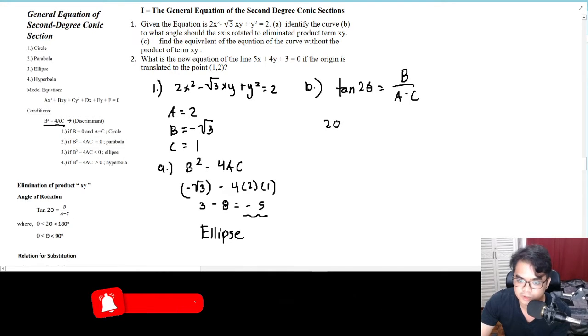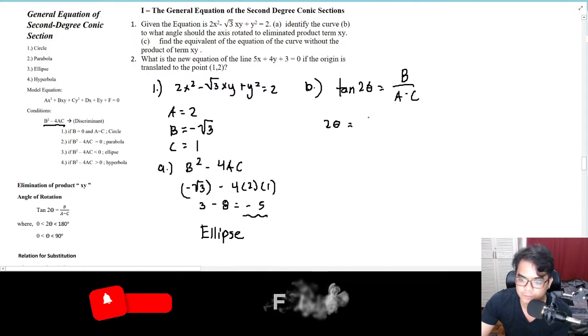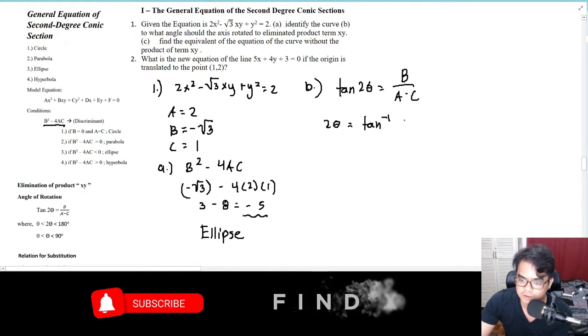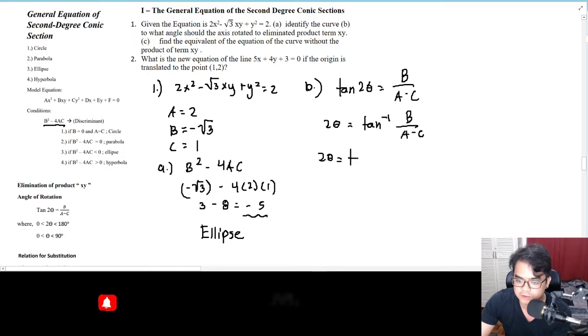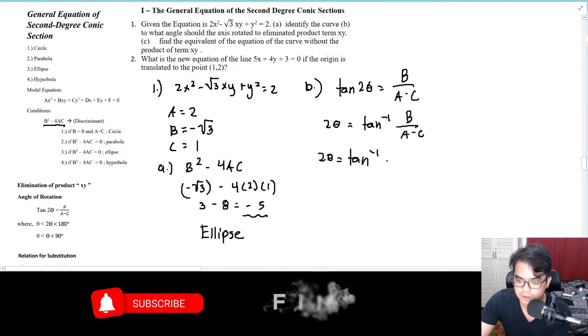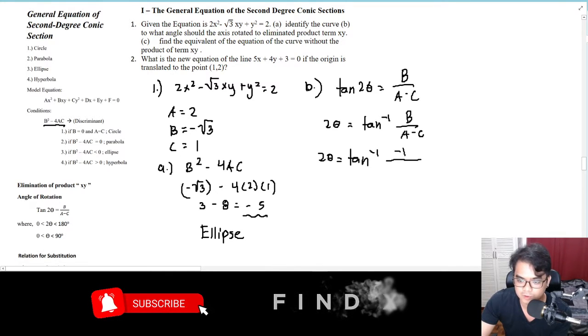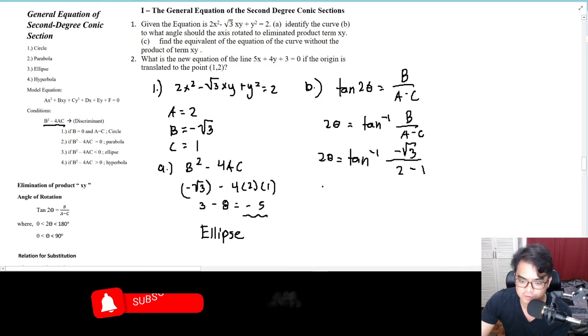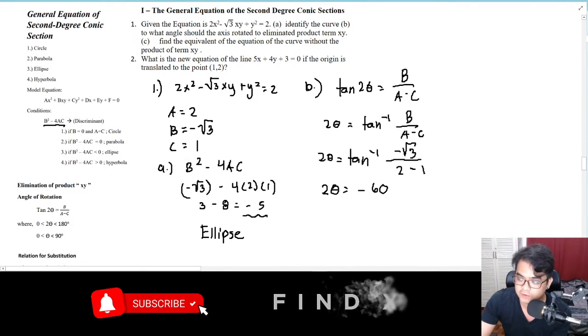So 2 theta must be equal to arctan of b over a minus c. B is negative square root of 3, a is 2, and minus 1. If you get the answer here, 2 theta is equal to negative 60.